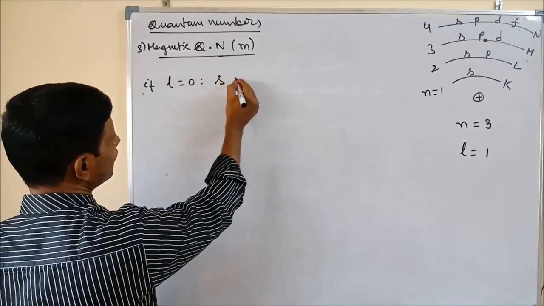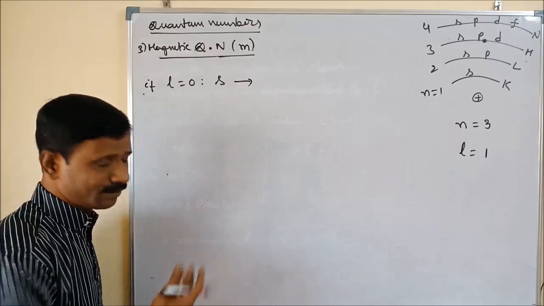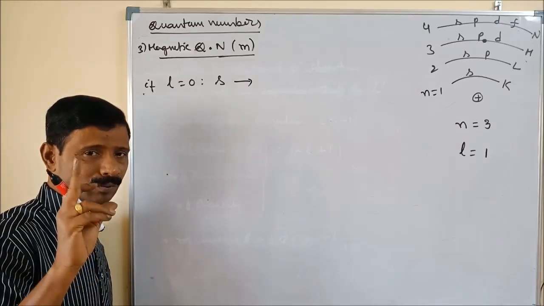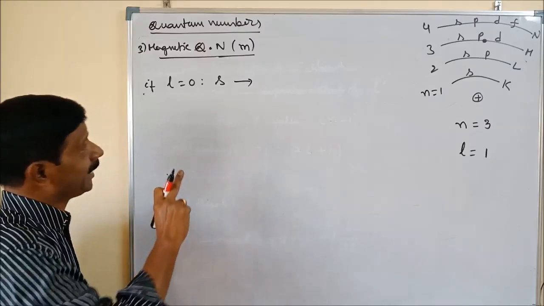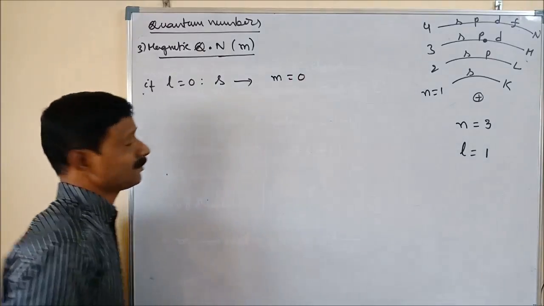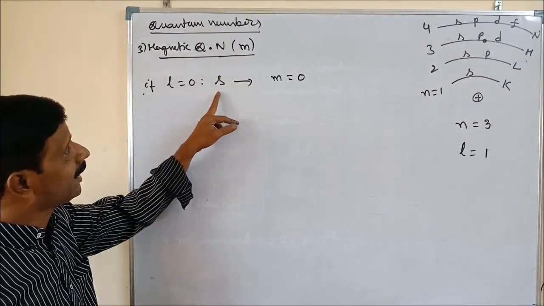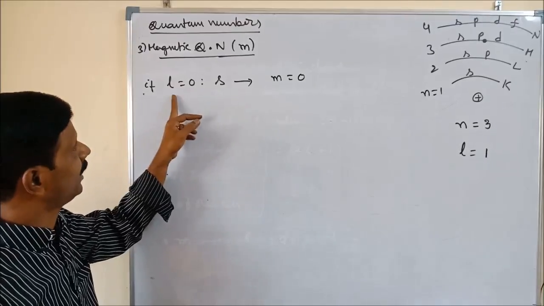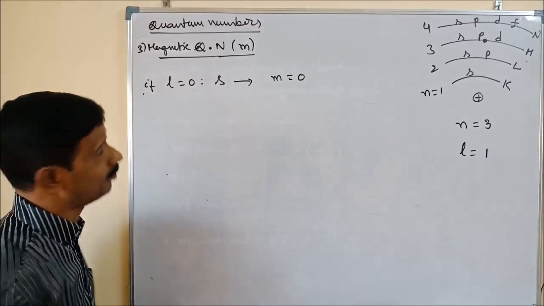That is nothing but S sublevel, and in this the number of orientations, as per the formula 2L plus 1, means we have only one orientation, means one orbital, and the value minus L to plus L means here m will be 0. So one thing that is very clear, for any S electron, both L and m are 0. That information you have to remember.